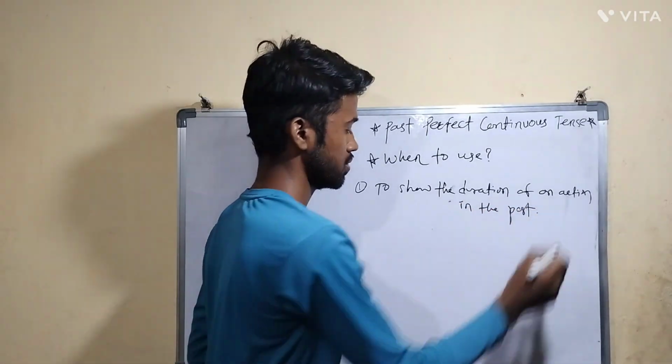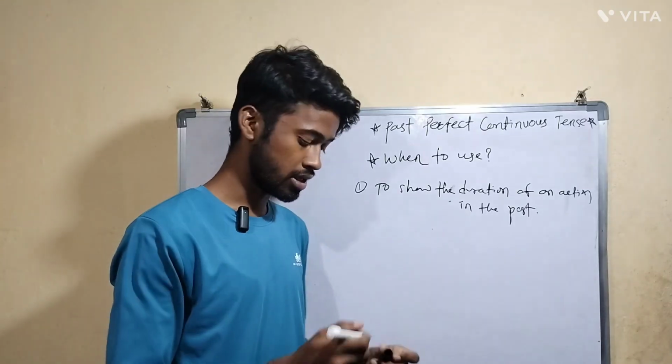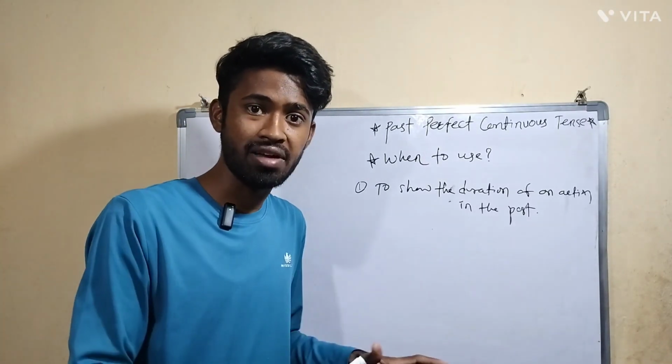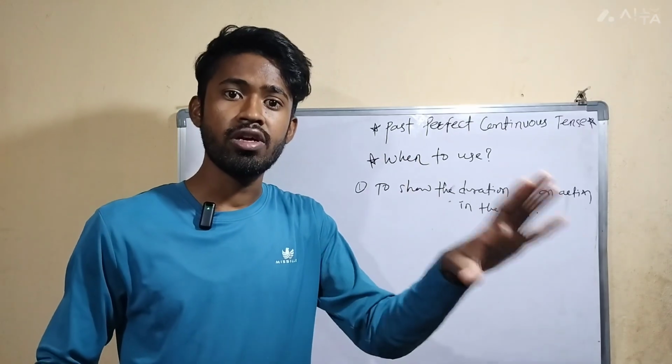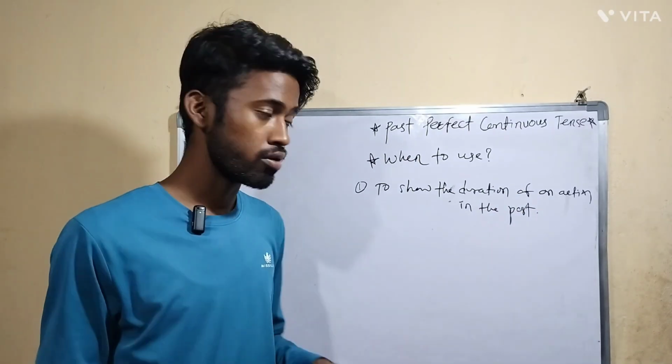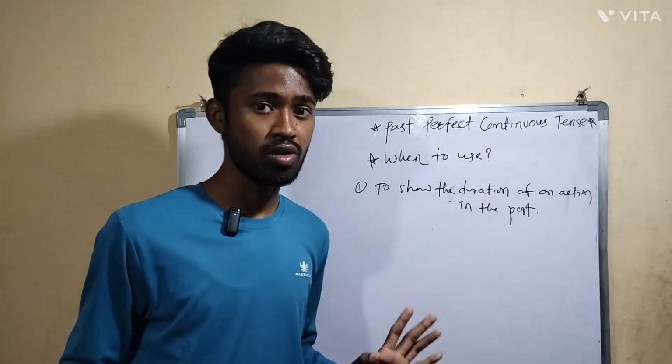So what does this mean? To show the duration of an action in the past means, let's say one action started in the past and continued for a duration and after that ended in the past only. To tell about that action we use past perfect continuous tense.